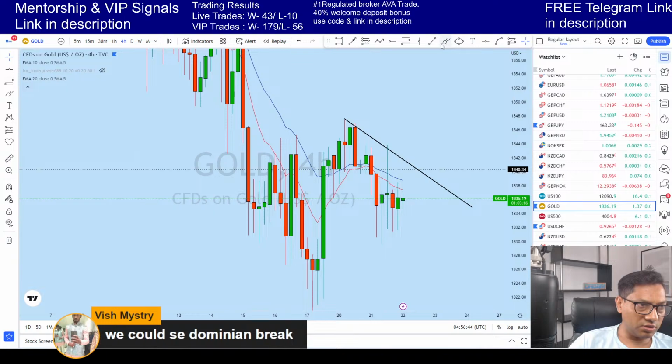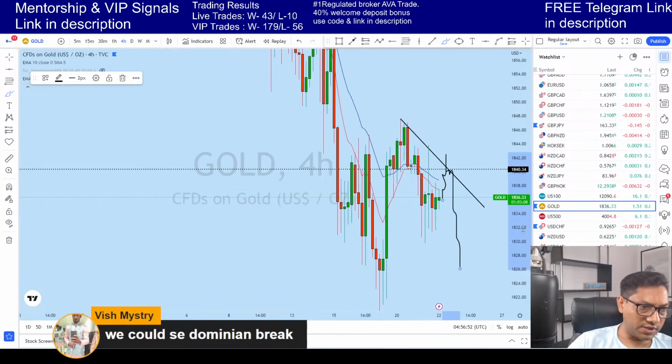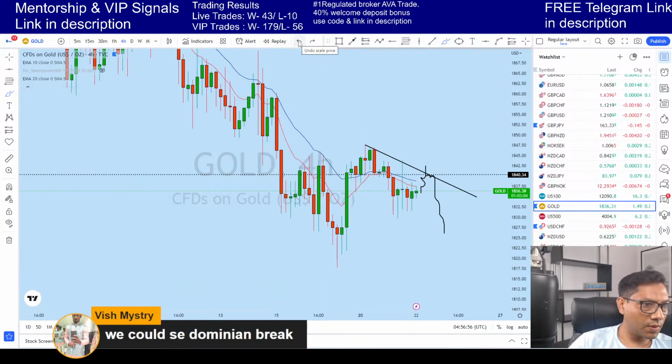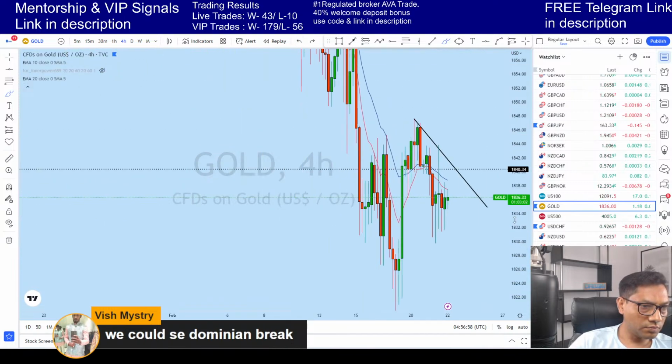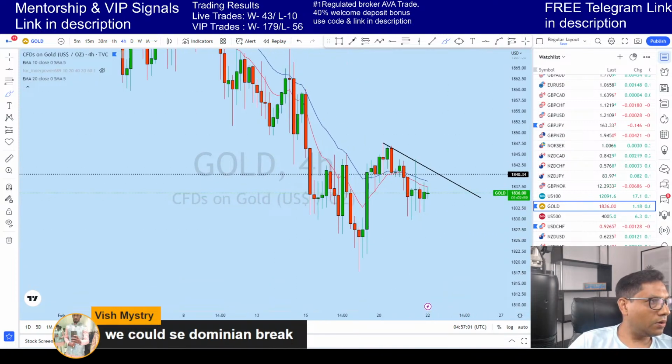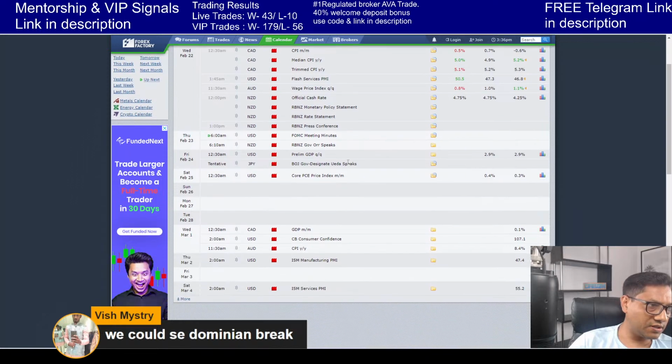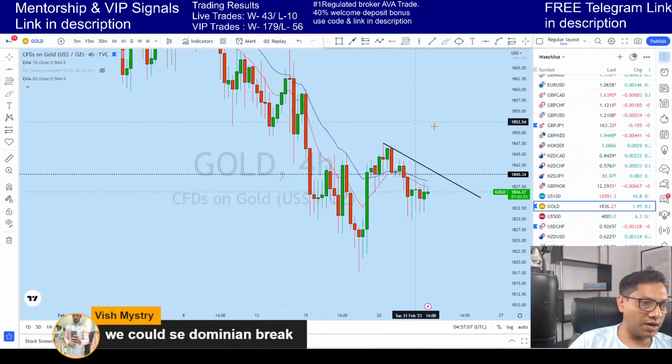It looks like this one might close as a doji, and the next one we could see a spike up, and then another possibility to drop. And as you know, FOMC is coming, and FOMC is in fact a big market mover.